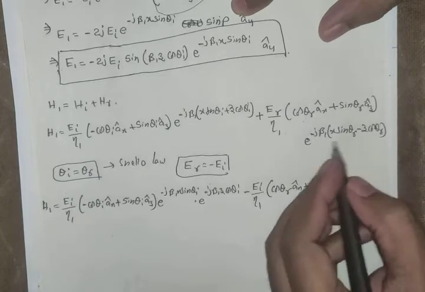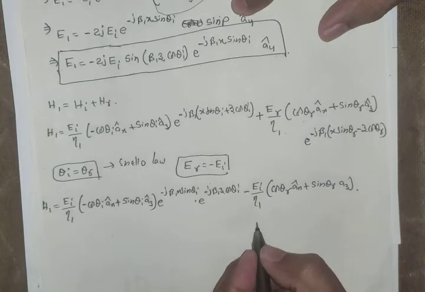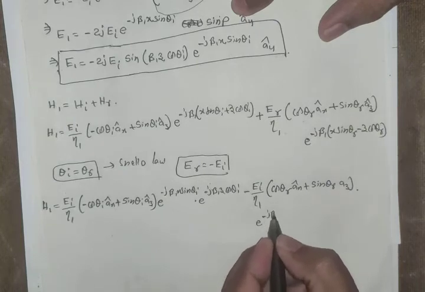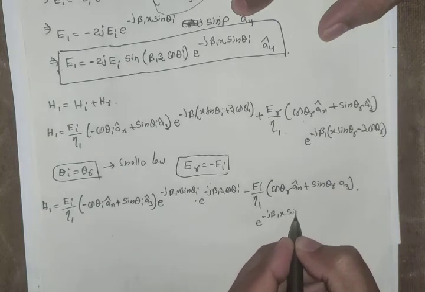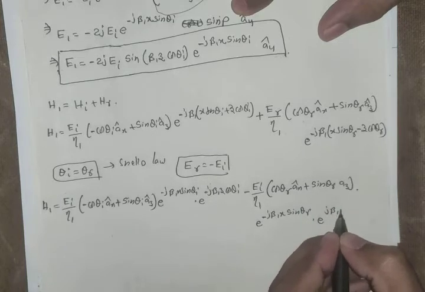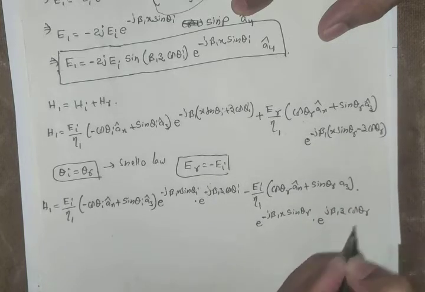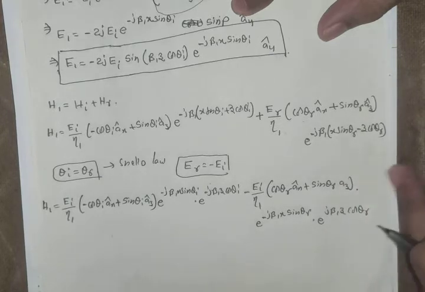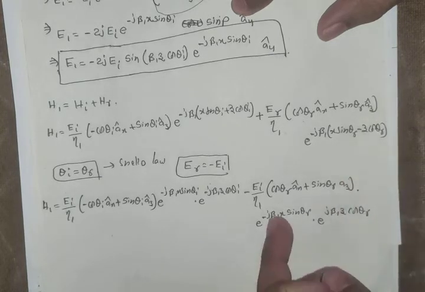Now expand this: e to the power of minus j beta 1x sin theta r into e to the power of j beta 1z cos theta r. Since the page is not sufficient here, I am writing the remaining equation here.